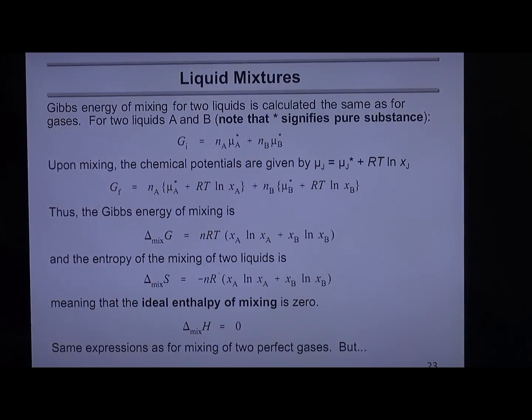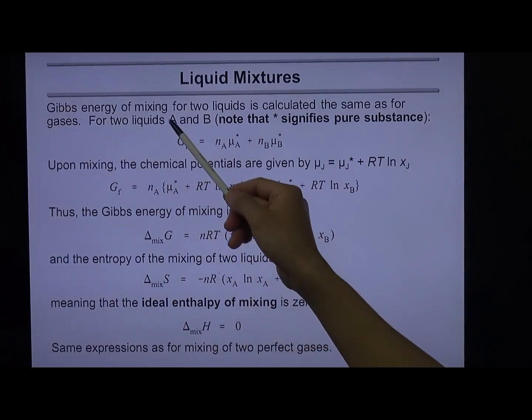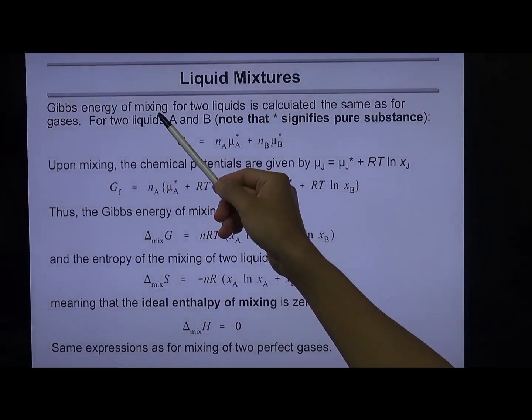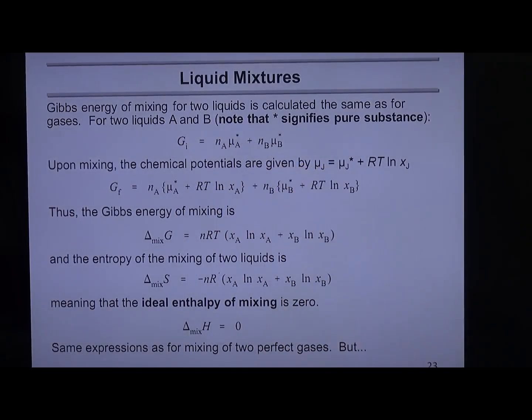Liquid mixtures. As we did in previous sections, we'll see how different thermodynamic properties change upon mixing two different liquids. So we will first calculate the Gibbs energy of mixing for two liquids.